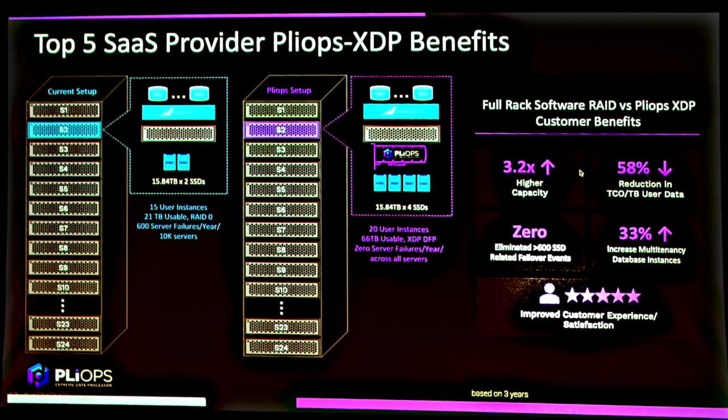In terms of dollars, that is a 58% reduction in TCO per terabyte, and we eliminated failovers from the primary entirely, zero failures. That is a significant benefit. And the fact that they were able to increase the MariaDB instances from 15 to 20 means a 33% higher multi-tenancy benefit they are able to retain.